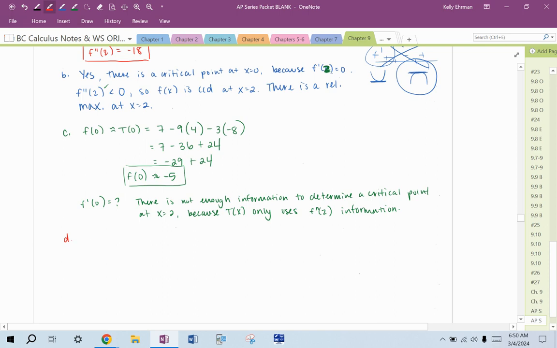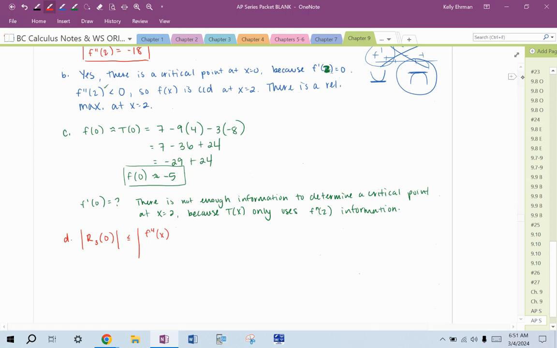Now remember, in part C, we used a third order polynomial to approximate at x equals 0. That should be less than or equal to the fourth derivative of x. Remember, this is like z, and z is between 0 and 2.